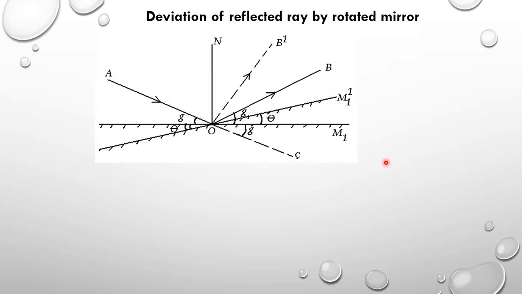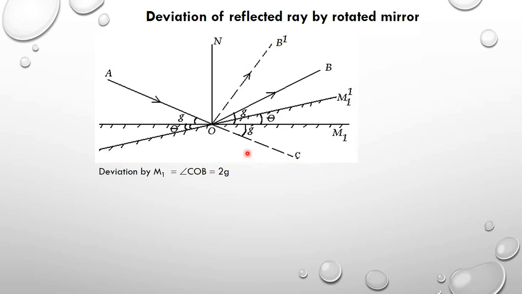Let us begin by looking at the deviation of a reflected ray by a rotated mirror. So we have this mirror M1, and we have a ray AO, and its reflected ray is going to be OB, and its glancing angle is G, which implies that its angle of deviation is going to be twice G. Now when we rotate this mirror to position M1 prime, the reflected ray will be OB prime.